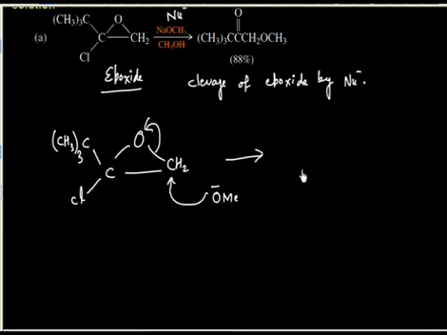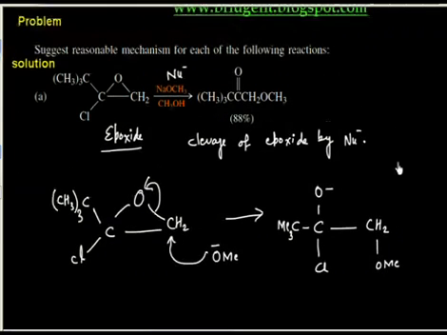If this happens, we can write what will happen in this case. It is easy to write. We will have CO minus. Now this carbon contains a 3-methyl group, and this also has a Cl group. And now I have CH2, which contains OMe. Now let us see what the product is. You have C double bond O, CCH3, C double bond O, and it does not have any Cl. So I am forced to do something like this.